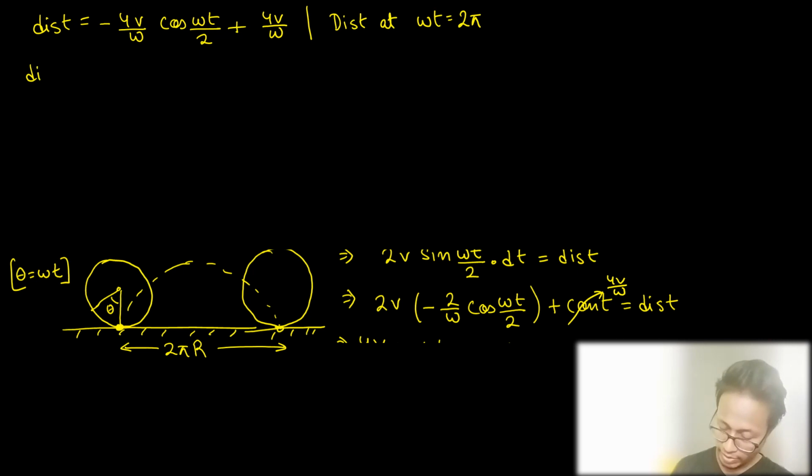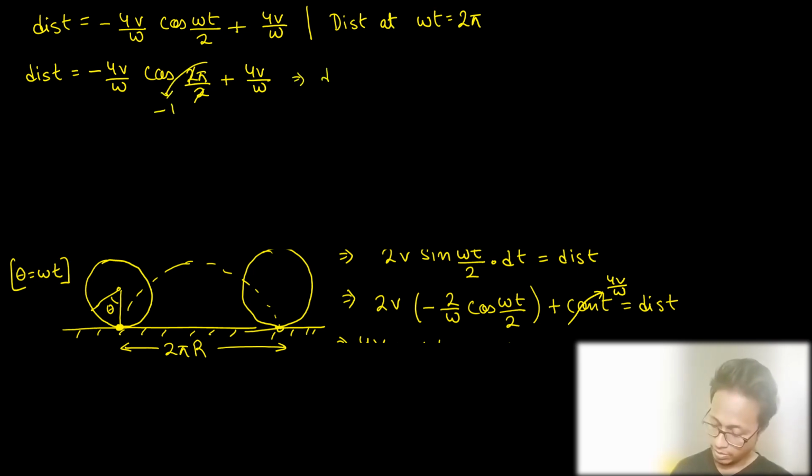So I substitute the value of 2 pi here: minus 4v by omega into cos of 2 pi by 2, plus 4v by omega. The value of cos pi is minus 1, so distance is equal to minus of minus 4v by omega plus 4v by omega, which is 8v by omega.